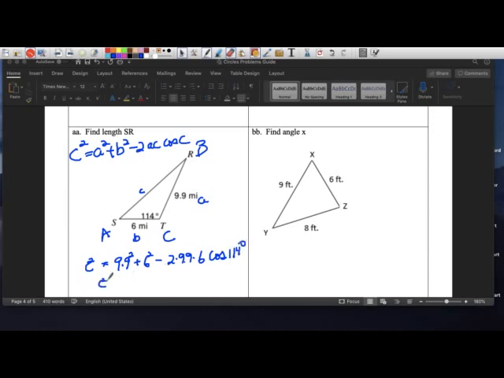So c squared, 9.9 to the second power, 9.9 squared is 98.01, plus 36 minus, and let's multiply all that. That's 2 times 9.9 times 6.